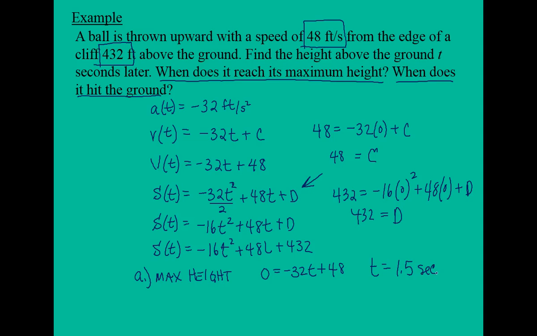And then part B, it asks us to solve when does it hit the ground. Now this would be solved by taking our position function and setting it equal to 0. So we'd have 0 equals negative 16t squared plus 48t plus 432. We could try to factor this.